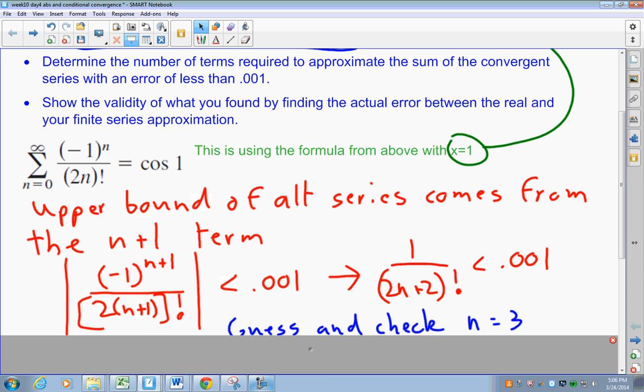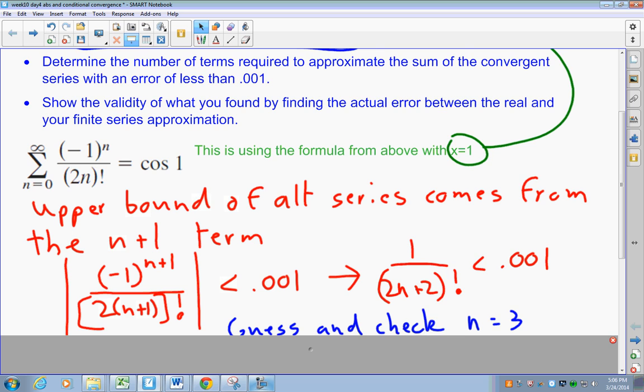The part some might make a mistake on is you might just say 2n plus 1, so notice the parentheses in there. And I need that to be less than 0.001. When you look at the absolute value, the alternating series part goes away, so you're really only left with the 1 on top. Notice how I distributed the 2 to get (2n+2)!. Then you really just guess and check, and I got n equals 3 is the winner for that.